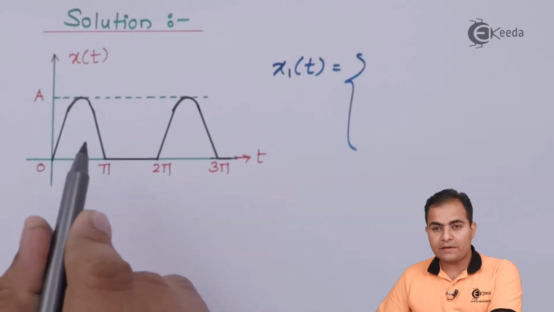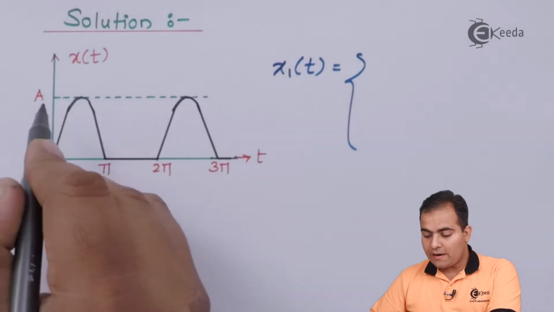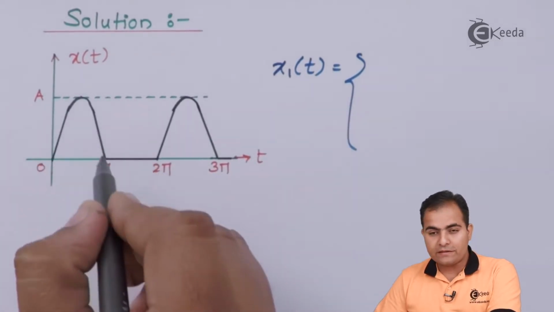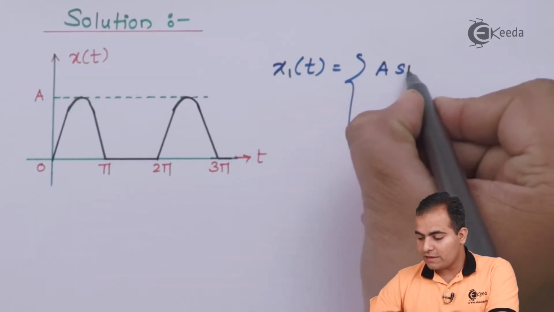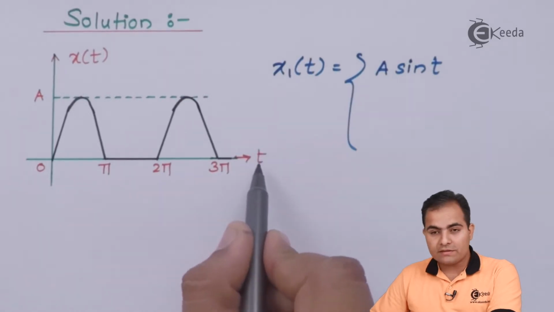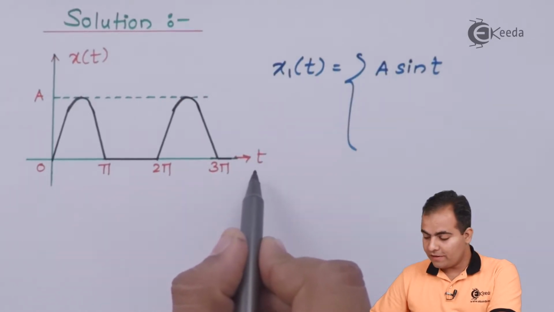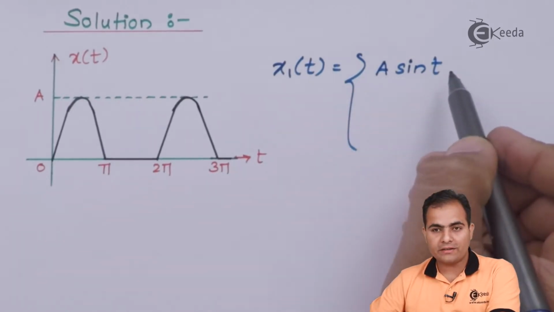So we are going to represent this whole thing in equation format. Look at here, the amplitude is A and the graph is sinusoidal, so I am going to write A sin t. Why have I written t? Because on the time axis t is mentioned. If omega t is mentioned, then I am going to write A sin omega t.